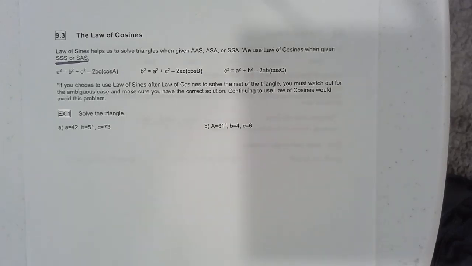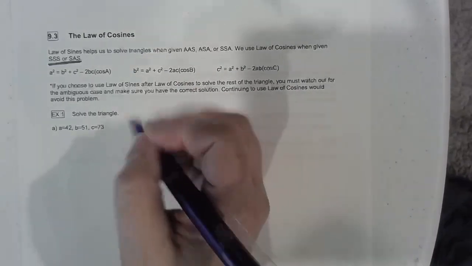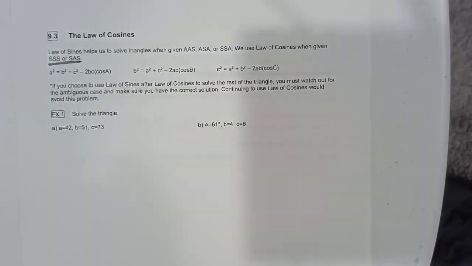If you continue to use law of cosines rather than switching to law of sines, that would avoid that problem. So if you're worried that you're not going to recognize when there needs to be a check for the ambiguous case, then just stick with law of cosines once you've started with it. But you are allowed to switch over to law of sines as long as you can remember to check for that.